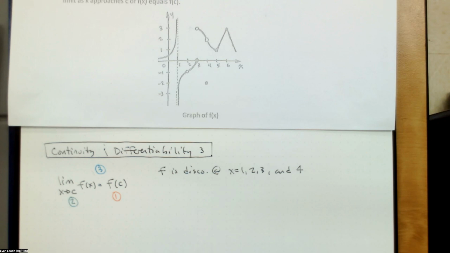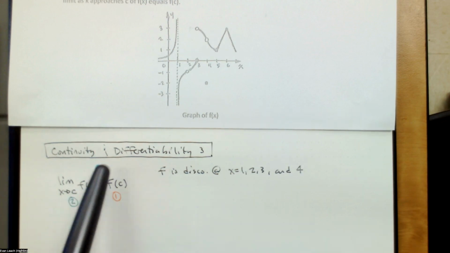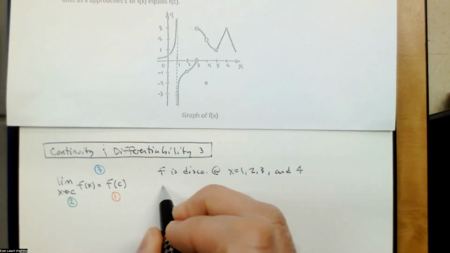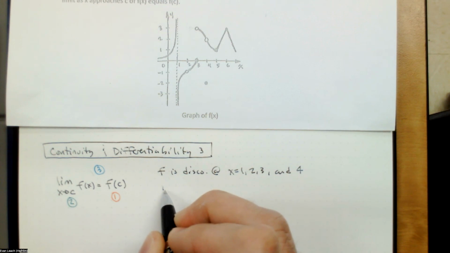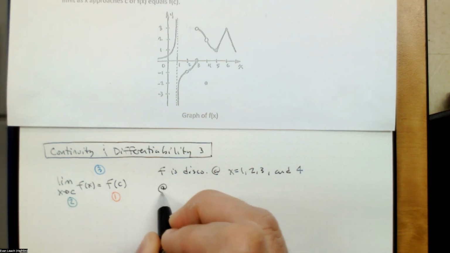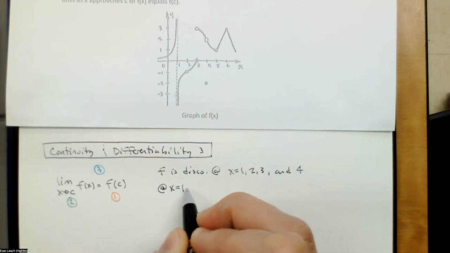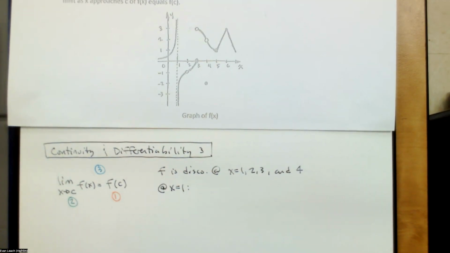What reason could we give for f of x being discontinuous at 1? Which of these three things does not hold? Which of the three conditions doesn't hold at 1?